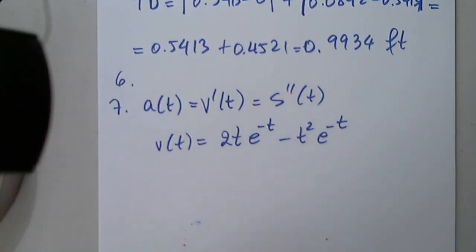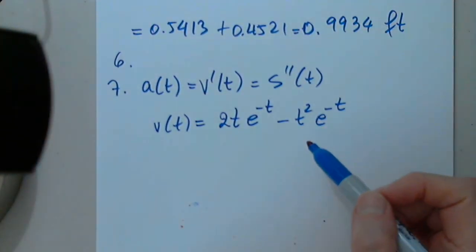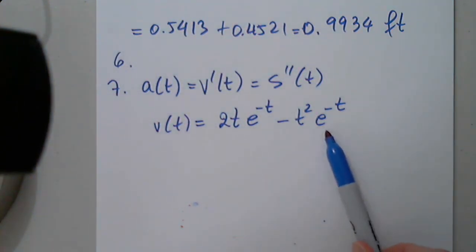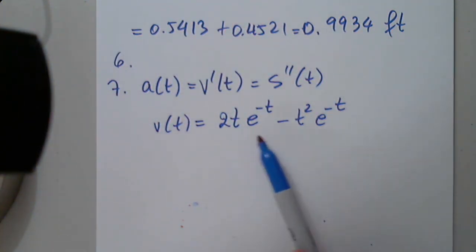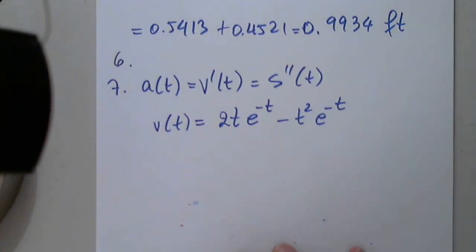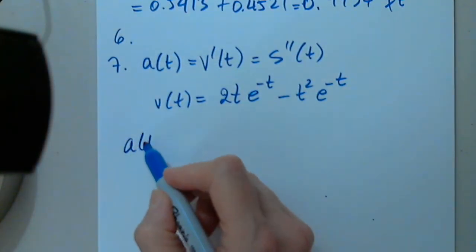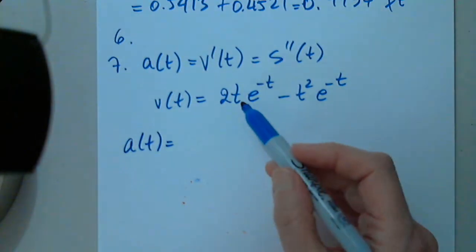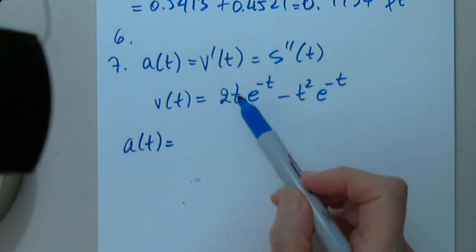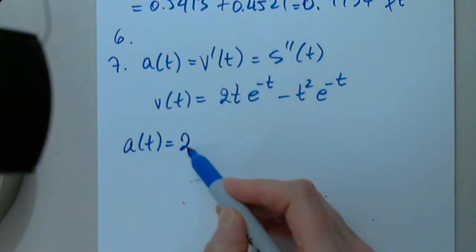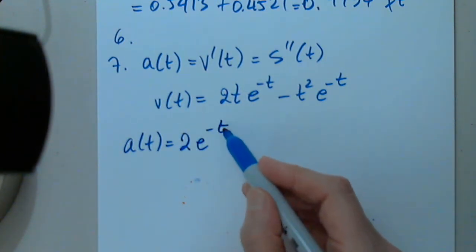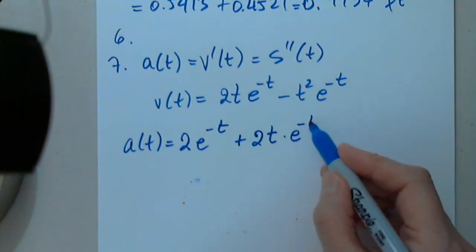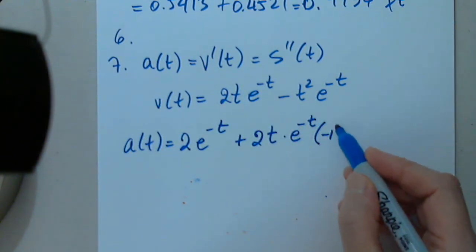I don't want to use the product rule. I'd rather use this. Or maybe we should use the product rule because in this case I don't have to use it twice, but that's okay. So a of t, this is a product. Since it's just 2, I'm going to say 2t prime is 2 e to negative t plus 2t e to negative t times negative 1.